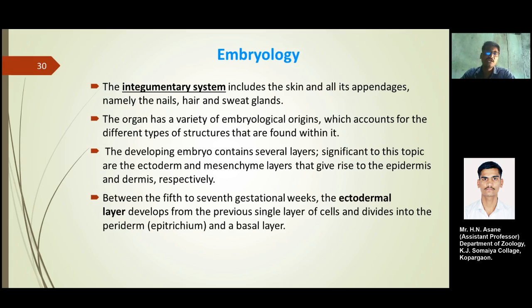The integumentary system, which includes the skin and its appendages, namely the nails, hairs and sweat glands, all originate from the ectodermal layer. But the origin has a variety of embryological origins, which account for the different types of structures found within the ectodermal layer.